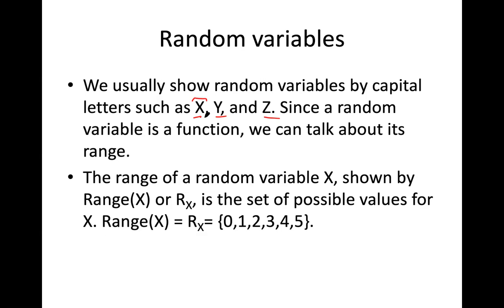And while talking about random variables, we will also be talking about the range of random variables, or the set of all possible values. For the previous case, it was like no heads, and all heads situation. That means the number of heads will be five, and the possible outcomes will be changing from 0 to 5.